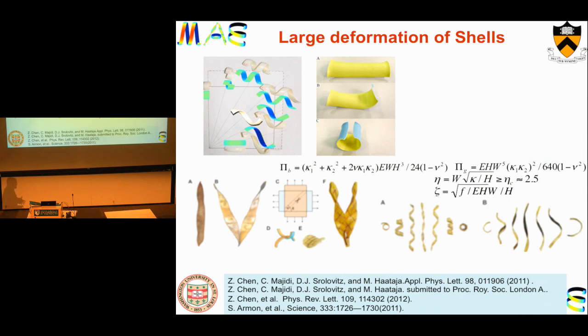There's a very nice paper that was almost published concurrently with our work that deals with the helical formation of the seed pods. And they also designed these tunable helical shapes. And they also proposed a similar parameter to ours that dictates a bistability.